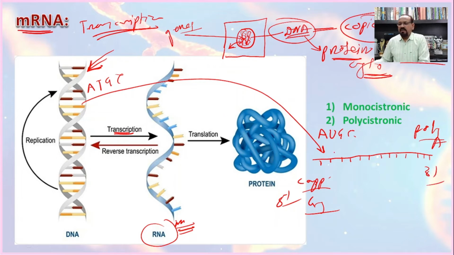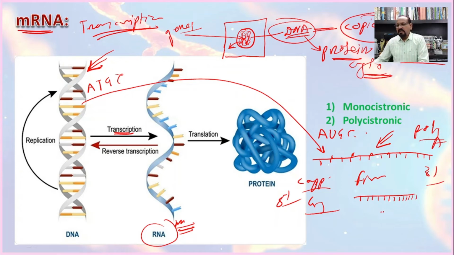Even in eukaryotes there are the exons and the introns, or the coding and the non-coding regions. So the coding regions are kept and the non-coding are removed, and in this way the final mRNA copy is generated which is ready for protein synthesis.